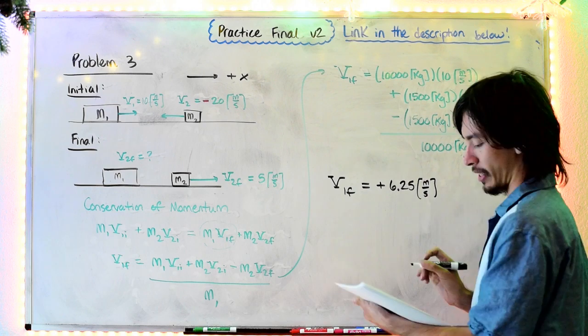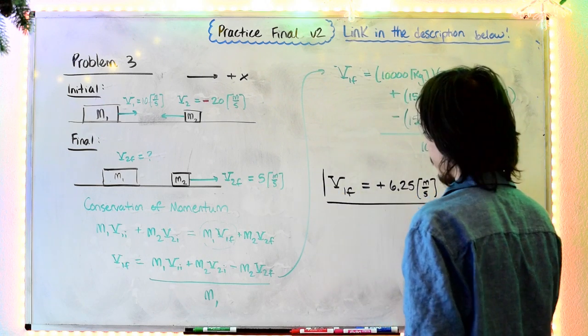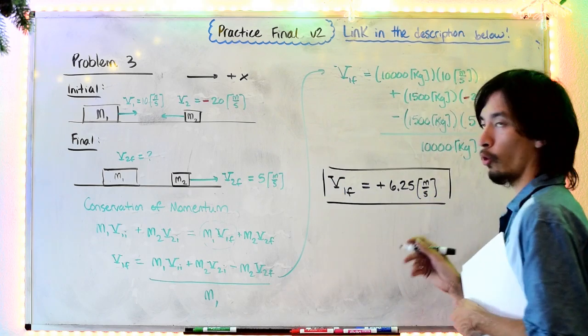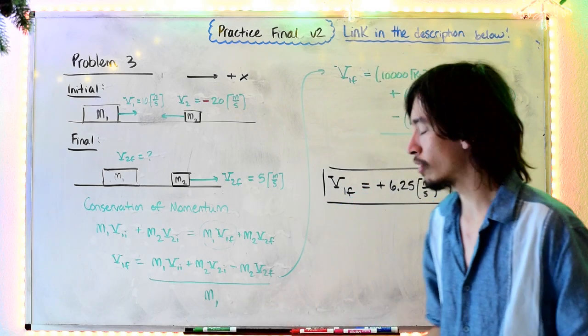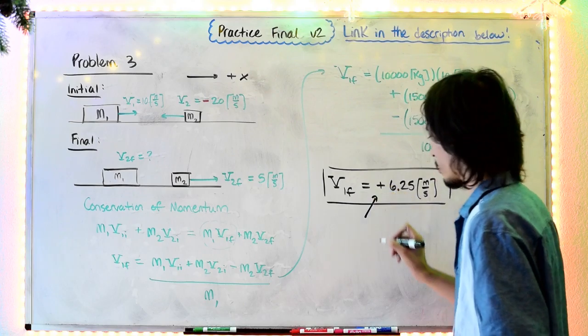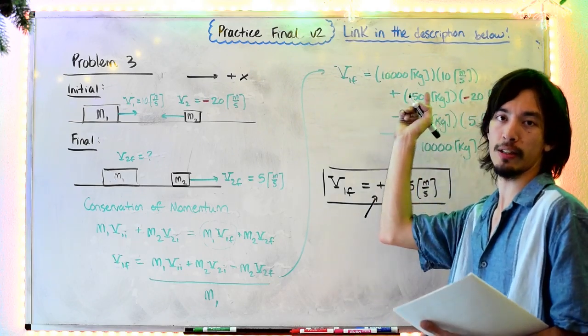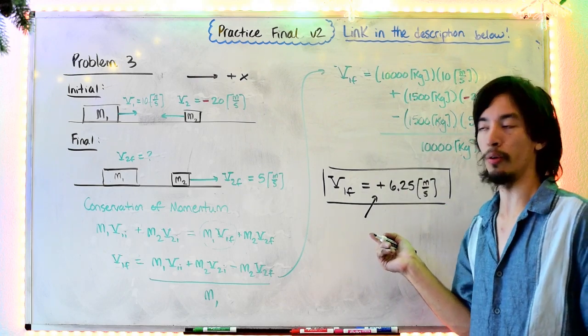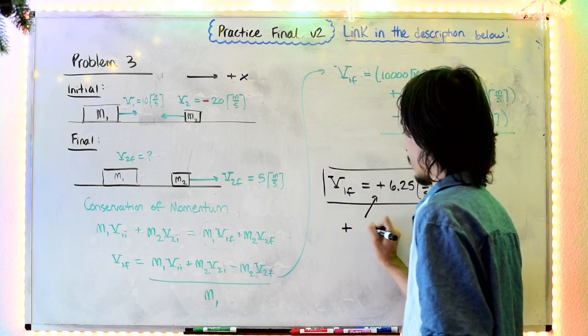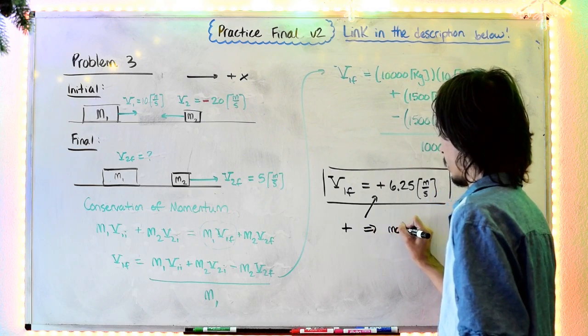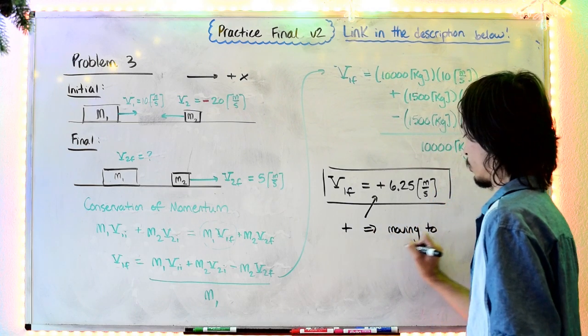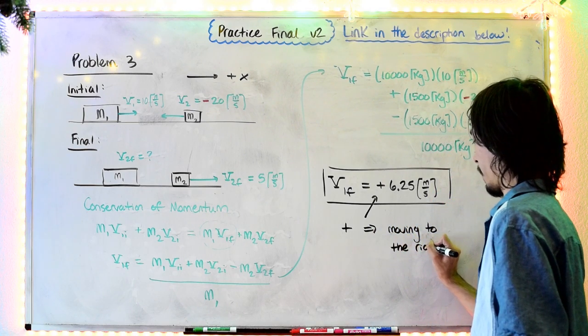Now, the positive, or if it was negative, but in this case it is positive, the sign represents the direction of travel, because in here we are accounting for directions. So the answer is also directional. So plus implies moving to the right.